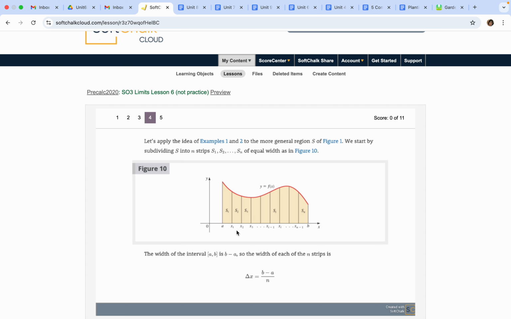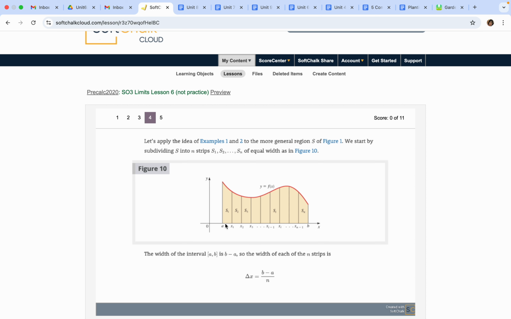And to do that, we need to know where we're starting. What part of the curve are we interested in? So we're arbitrarily saying this left endpoint, the leftmost part of this, we're defining as A, and for right now we're using B as the rightmost part, but we're going to see that the notation can be done a little bit differently.